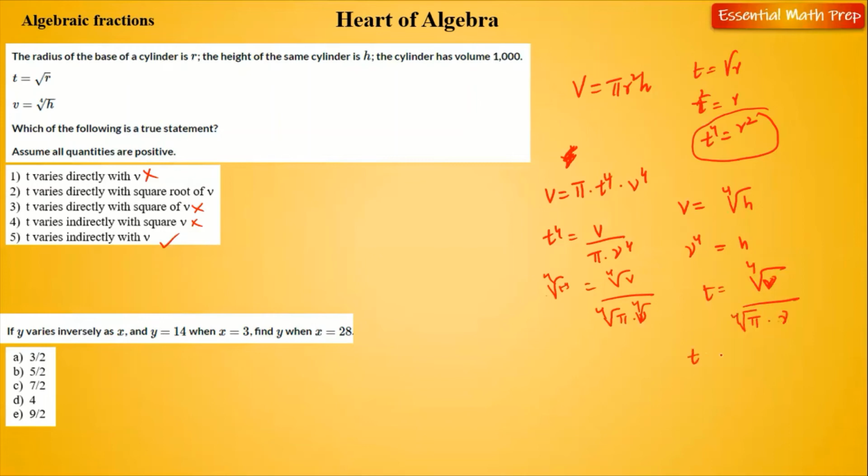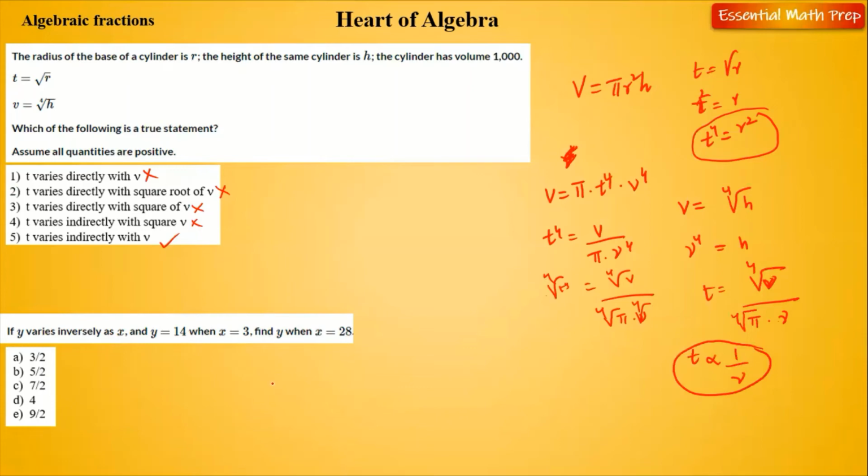So T only varies indirectly with 1 over V. This seems tempting, but it's not, because it says T varies directly with square root of V. Well, I don't think it's even directly, so this would be correct as well. So T varies indirectly with V is the correct answer.